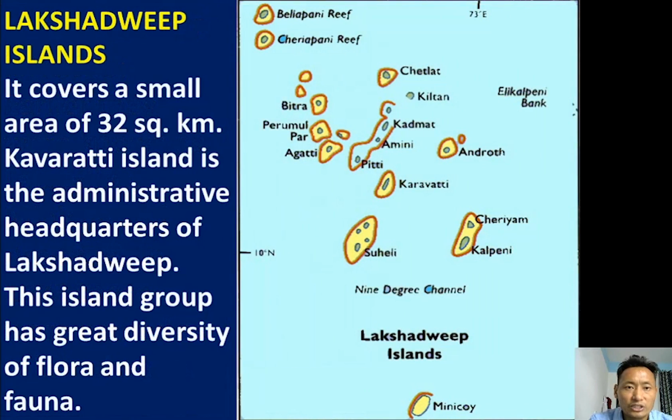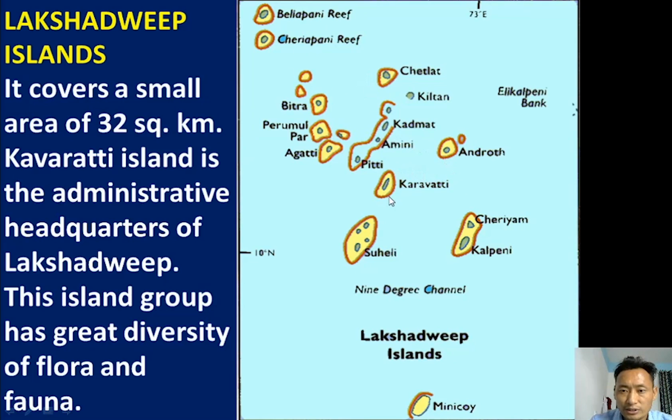So in Lakshadweep Islands, we have more than 35 small islands. If we calculate the total area of all these islands, it is about 32 square kilometers.